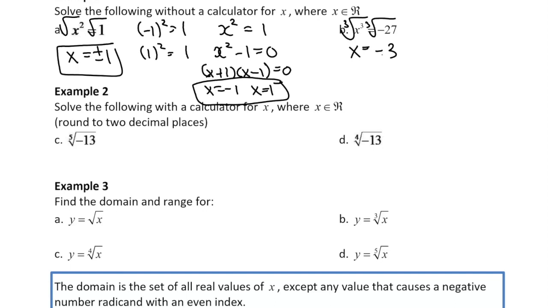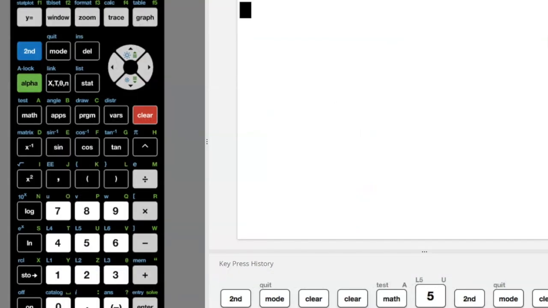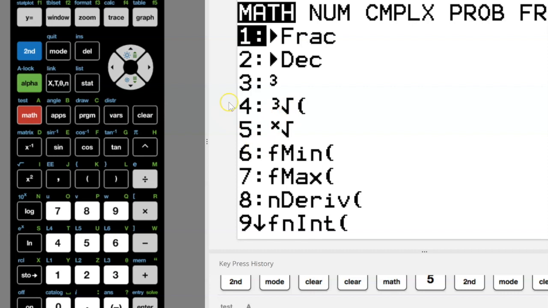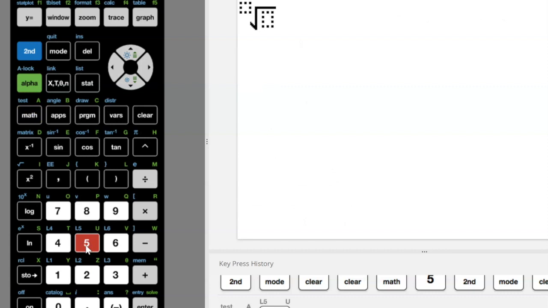So this next question is saying, what's the fifth root of negative 13? I'm just going to pull up our calculator right here, and I want you to take a look at what would happen if you press math and then you go down and either select 5 or go down to 5 and press enter. And that's how you can draw upon some sort of random root.